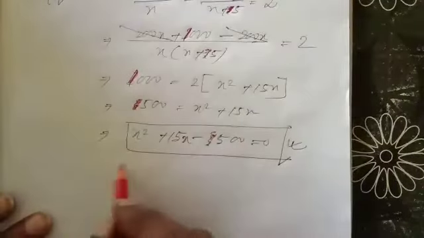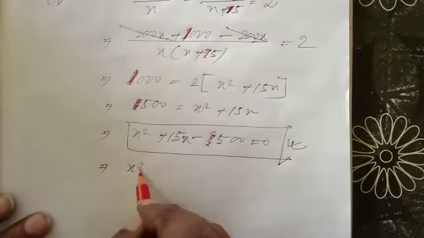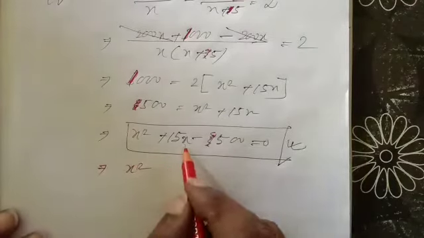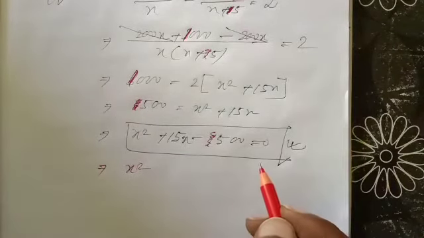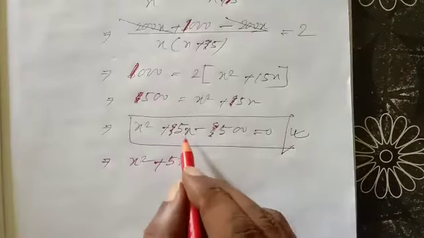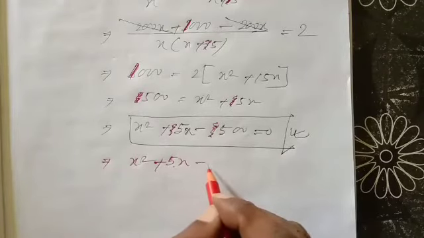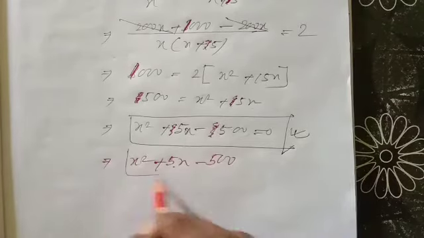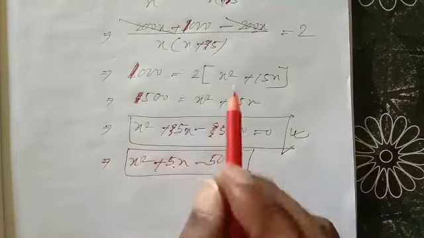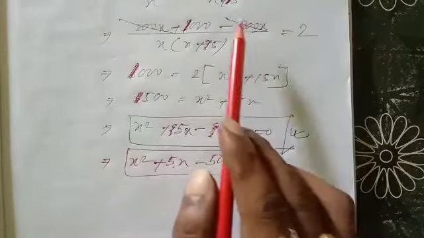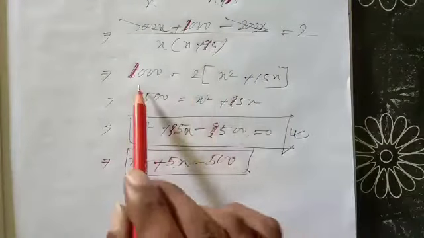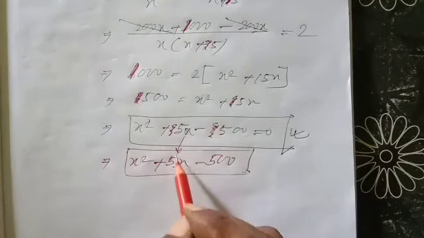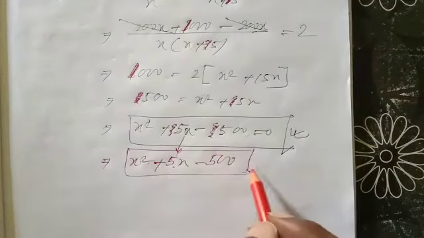Due to some mistake, instead of 5 I had written 15. I have corrected it here. It is x square plus 5x, not 15, minus 500 equal to 0.